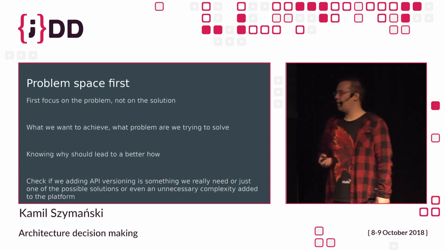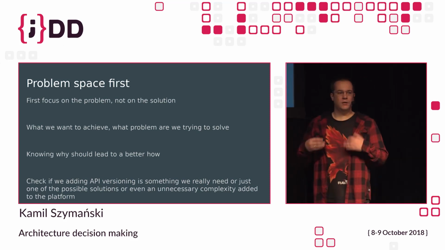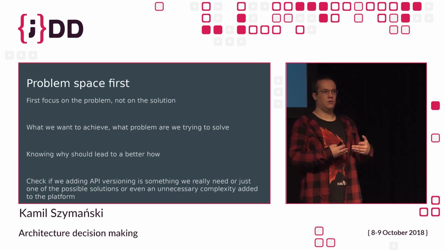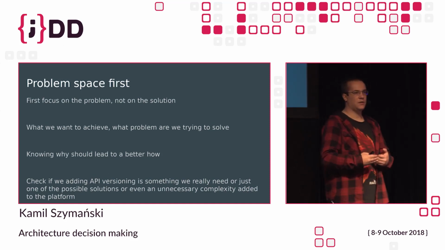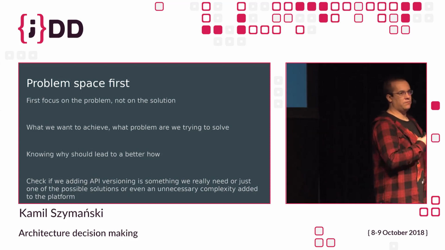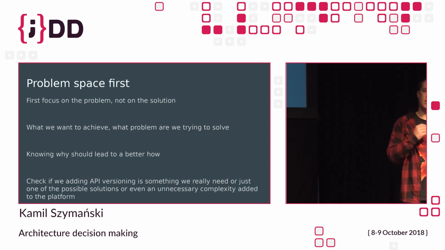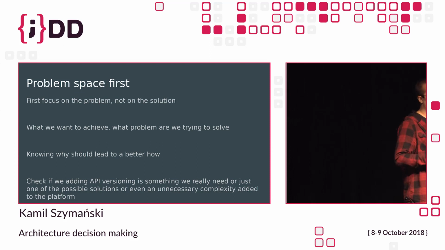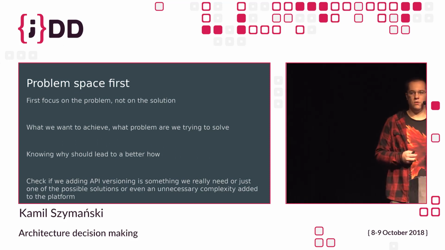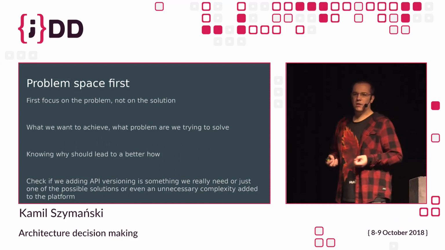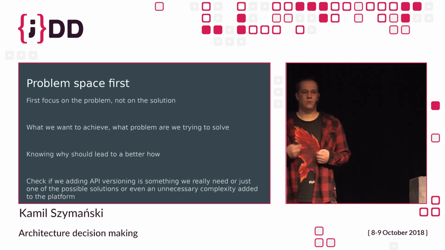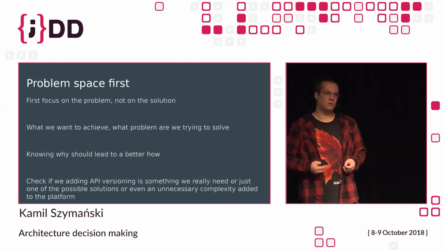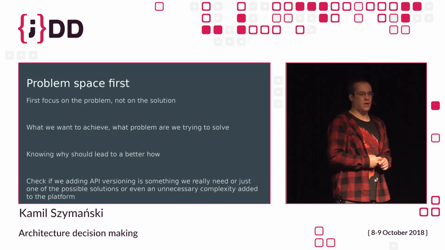Adding API versioning to our platform is adding additional complexity to the platform, so it needs to be justified. There needs to be a reason for this additional complexity landing in our software. It might be that it's not needed, or it might be that it's needed, but it's too costly to be done, and it might be easier to just skip it or do that by hand.